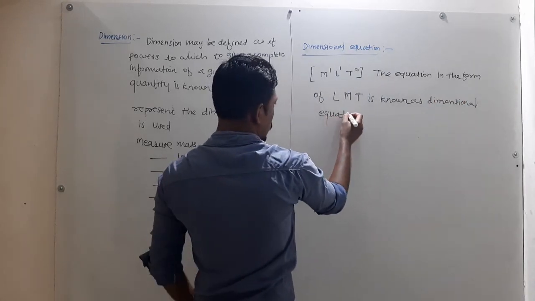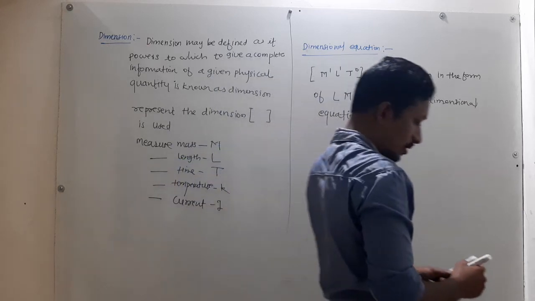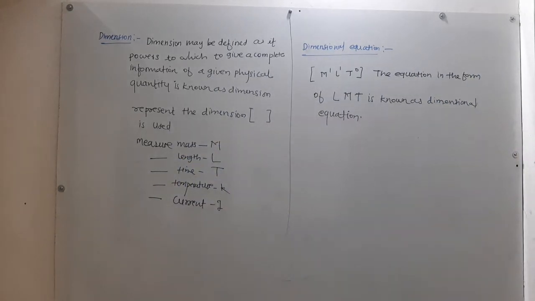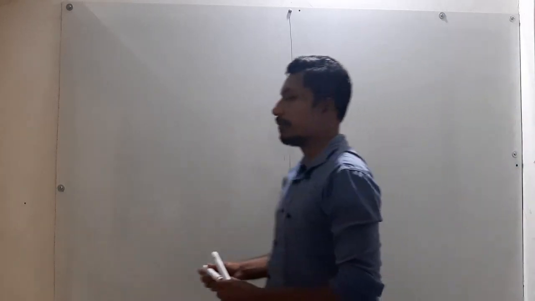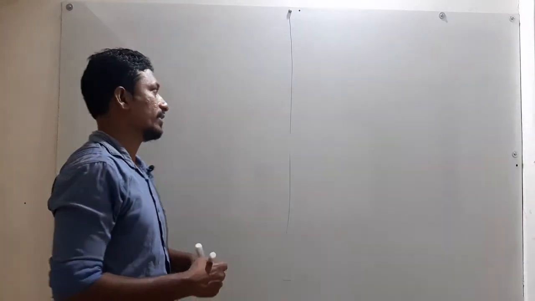Students, I will take the detailed dimension, but first write the definitions of dimension and dimensional equation. Then, students, find the dimension of different physical quantities.